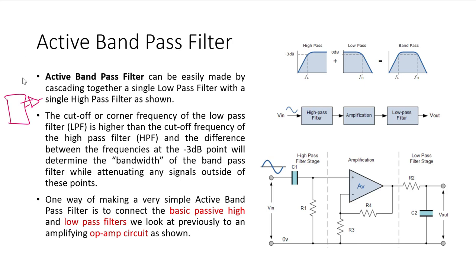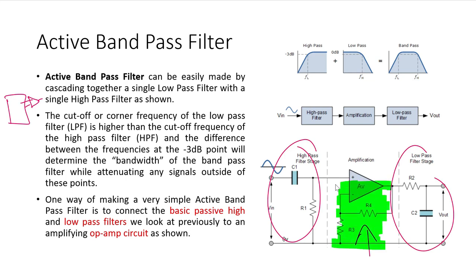But in the bandpass filter, we use the same circuit that we designed in the previous passive filters but introduce an amplifier in the middle of that circuit. So this is that amplifier. We have introduced it after passing the signal through the high pass filter.